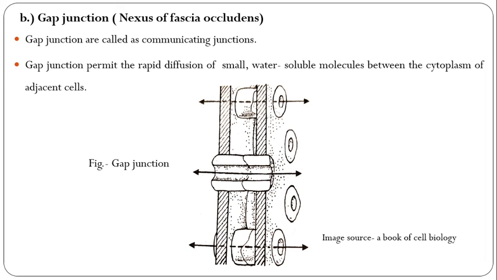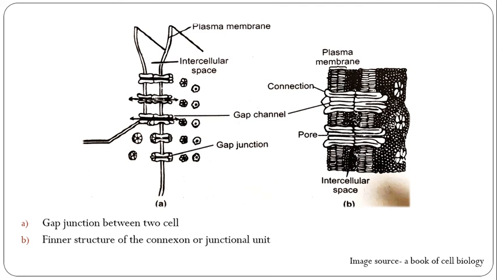So see in another diagram the gap junction between two cells. First are the two layers. Okay, the vertical line is a plasma membrane, and between two plasma membranes is the intercellular space. And see, these are channels, gap junctions, shown like arrows. There are some arrows present. It is a gap channel.